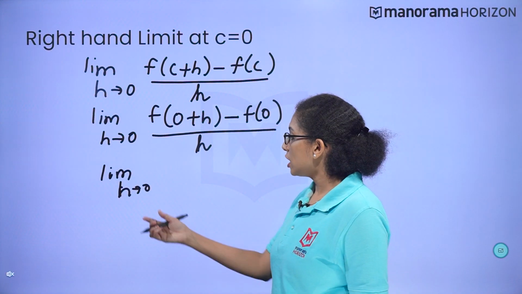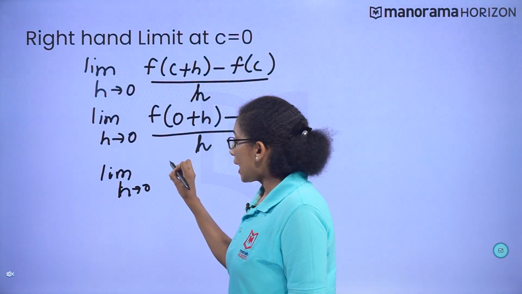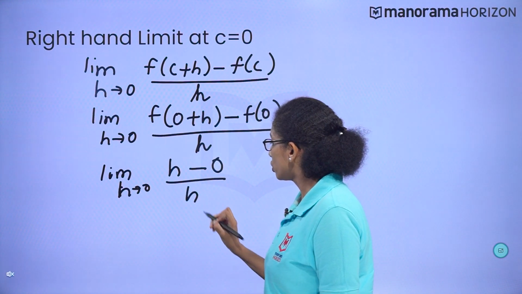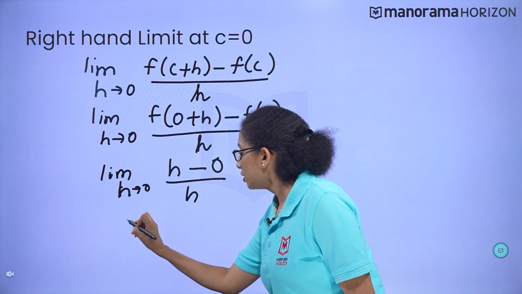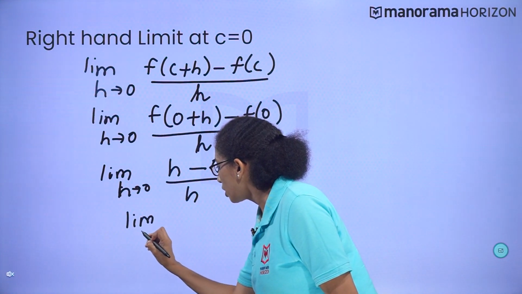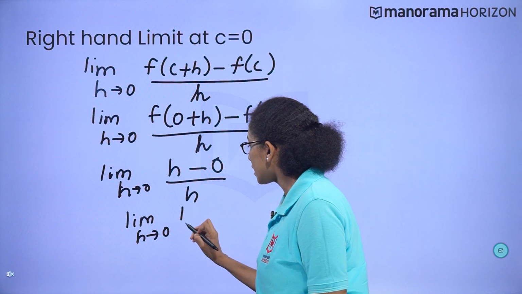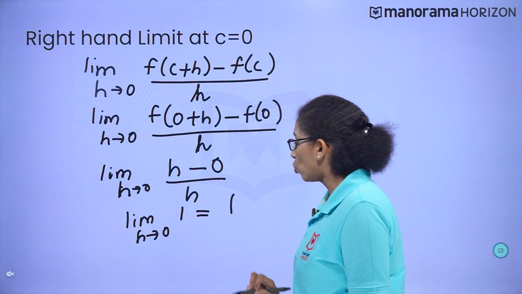So we get limit h tends to 0 of h minus 0 by h, which is nothing but limit h tends to 0 of h by h, and we get 1. The answer will be 1.